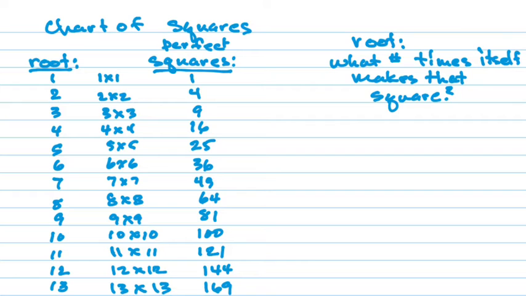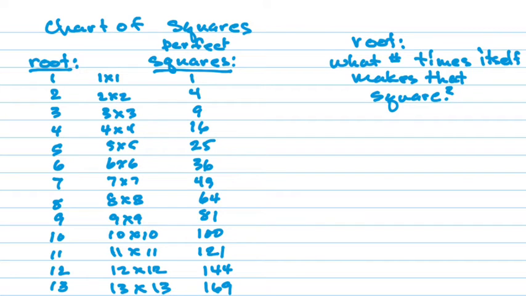But if you know your squares, then it's easy to find the root just by thinking what number made that square in the first place. So if I ask you to square 6, what would it be? 36. But if I ask you the square root of 36, that just means go the other way. In other words, what number times itself is 36? 6. So do you see the way it works?